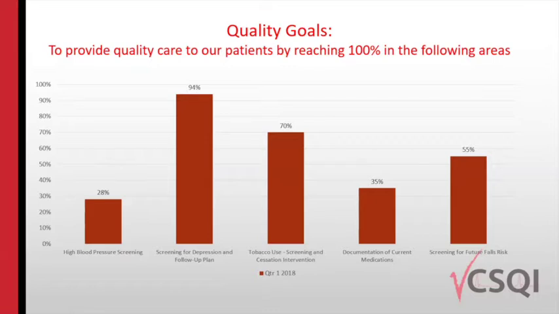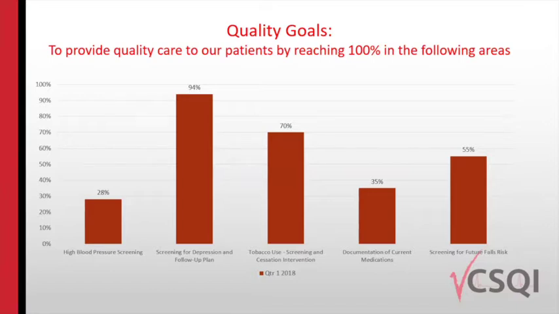For example, documentation of current medications are low. This could prompt interventions such as adding additional training for your MAs, your nurses, or including checklists in the check-in process or patient care process. Other procedures may help ensure that this is done properly.